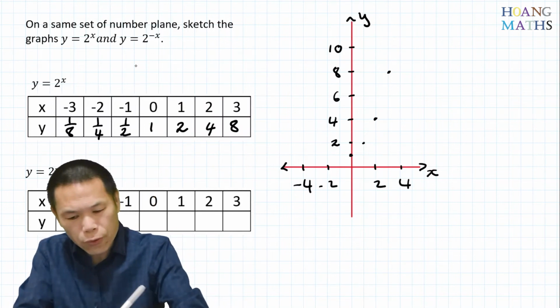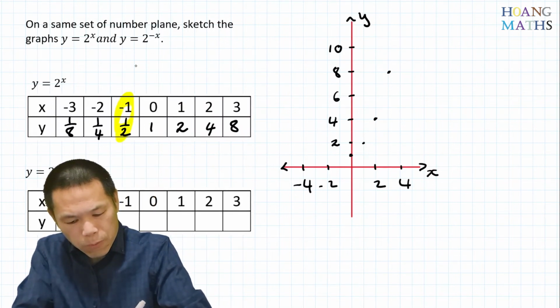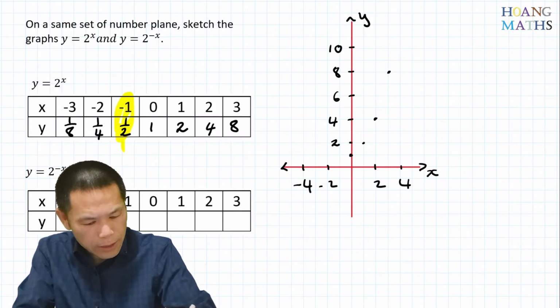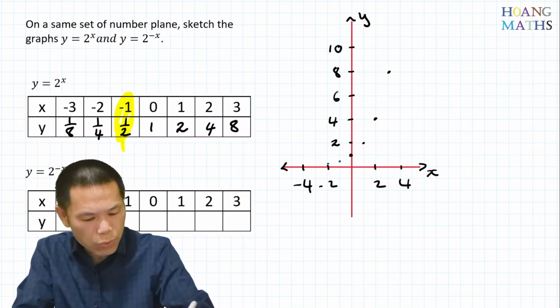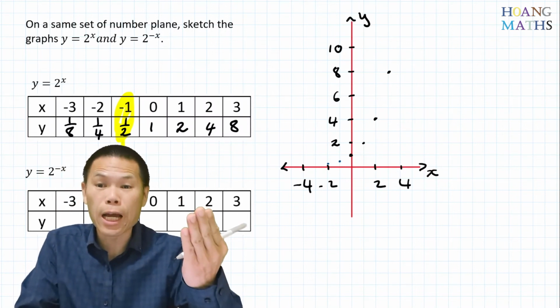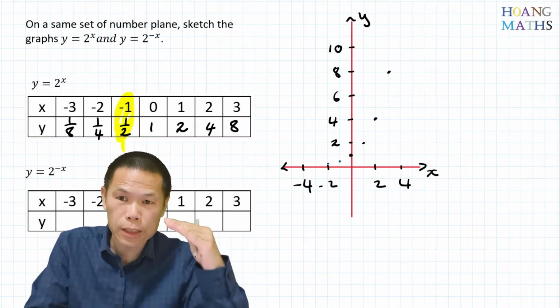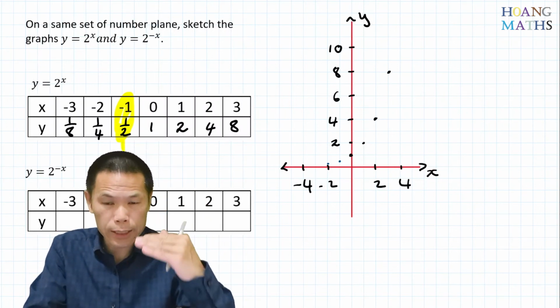Then we're going to go for this one here. So negative 1, 0.5. Just remember, which is half of 1. So negative 1, 0.5. And then we halve again, because it's 0.25. And then 1/8, half of 0.25. But anyway, we stop there. We just extend the line. Okay, remember the curve cannot cut the x-axis. It's just approaching the x-axis.